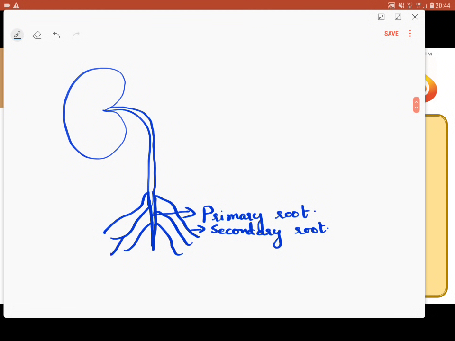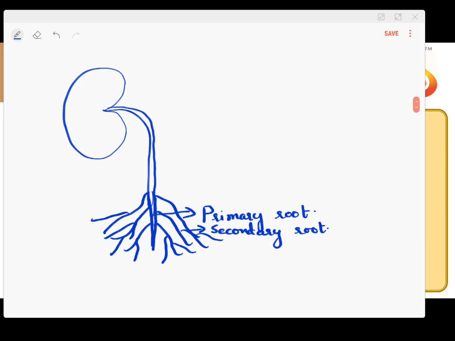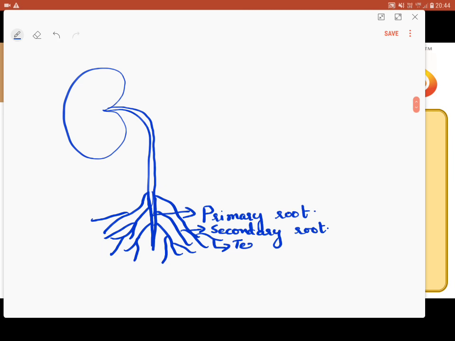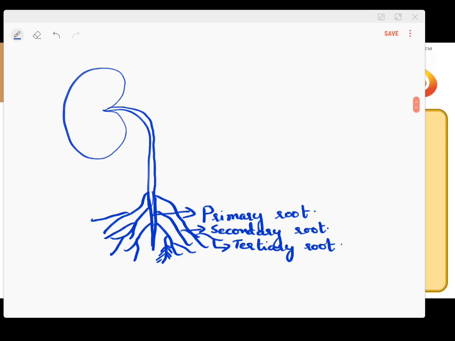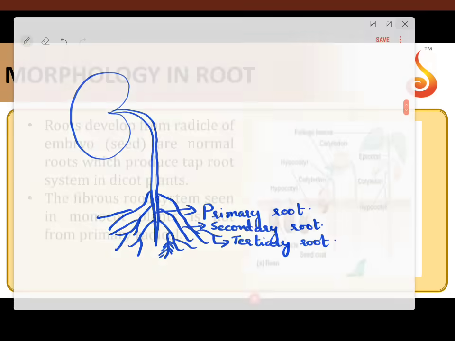From the secondary root, you can see, then comes the tertiary root. These are the most important parts, as from there the root hair develop. The root hair will be helping in absorption of water.